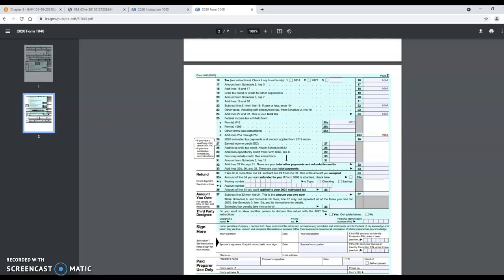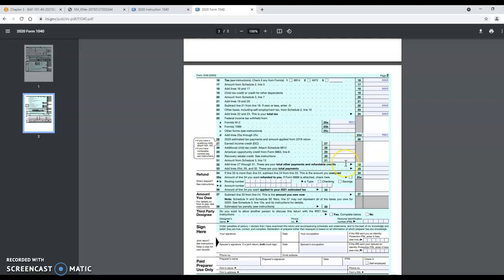If he didn't get all of them, let's say he got the $1,200 but he never got the $600, then he would put that $600 here to show that he had never gotten it, and then he could get it back. Okay, I'm going to say, however, that Thomas got both of his stimulus checks, so he's not going to have anything there.